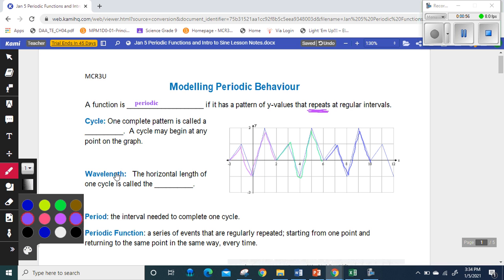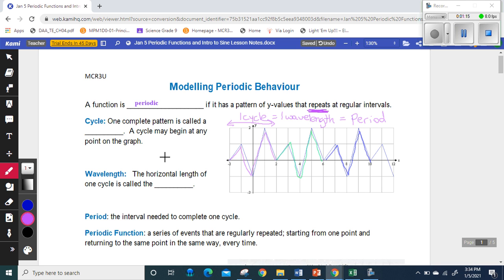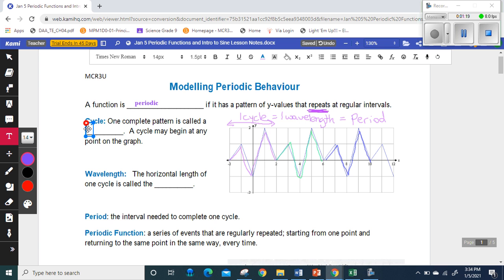Each one of these repetitions is called one cycle. That's one wavelength, how long it is in the x values, which is also going to be called our period. So one complete pattern is called a cycle.